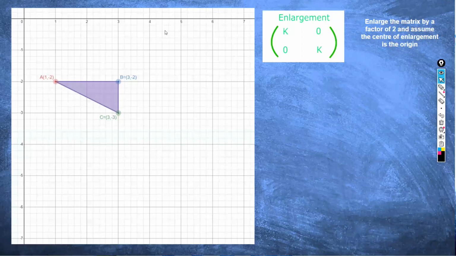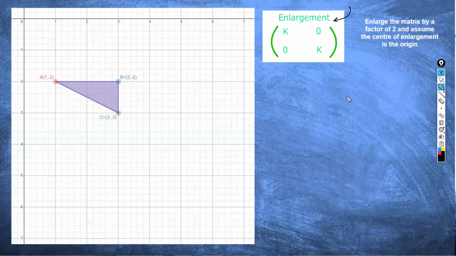All right, guys. So here's another way of doing this question. We're going to do an enlargement again, but this time, we're not going to use the drawing method. The examiner can ask you to do the enlargement using the enlargement matrix.